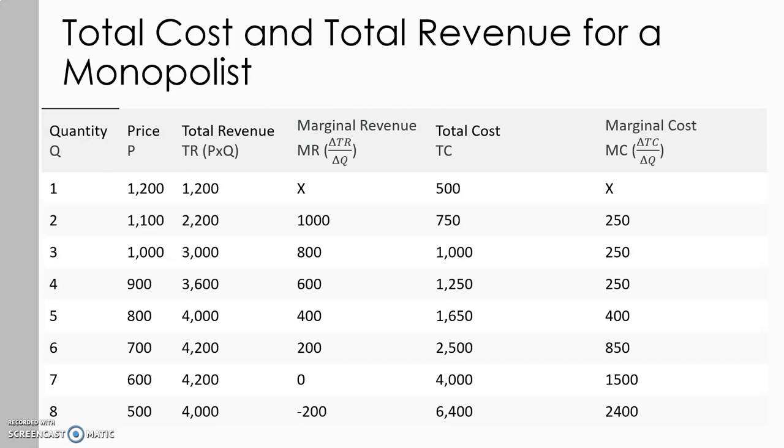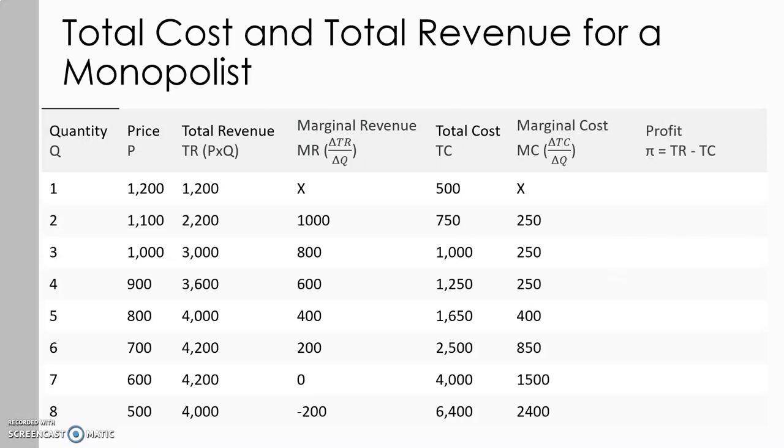Now let's go ahead and find our optimal profit level. In order to do that, we're going to have to figure out our profit. Our profit is going to be total revenue minus total cost. Remember, that's the Greek letter pi. Pi stands for profit. Don't ask me, I'm just an economist. 1,200 minus 500 is 700. We can go through and subtract total cost from total revenue on every line.